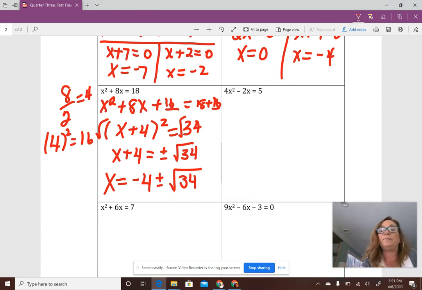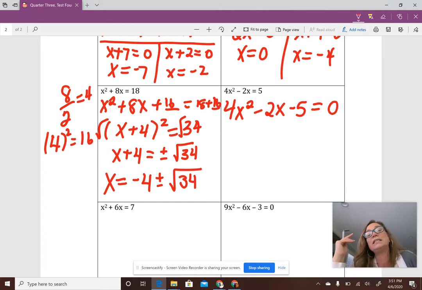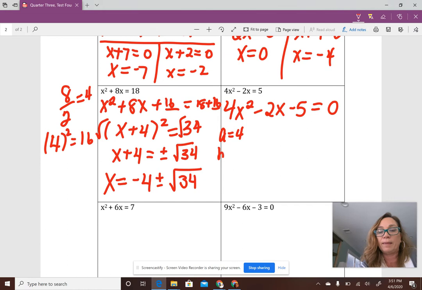I'm going to go here. 4x squared minus 2x minus 5 equals 0. Let's see. I think I'm going to do quadratic formula. Okay. So a equals 4, b equals -2, and c equals -5.